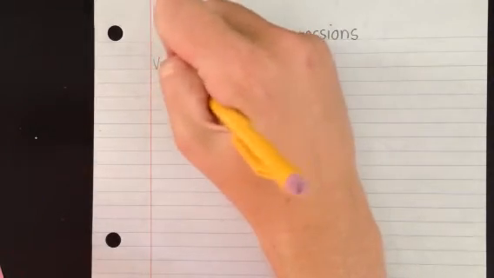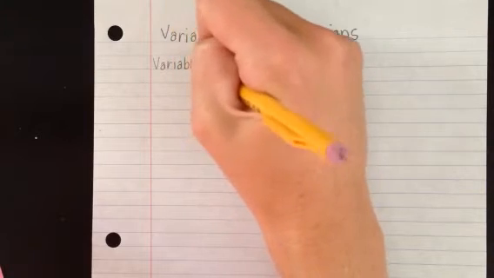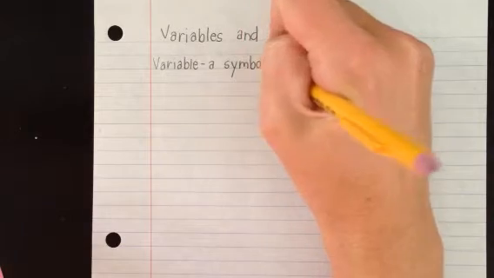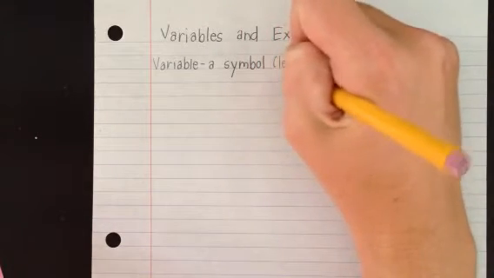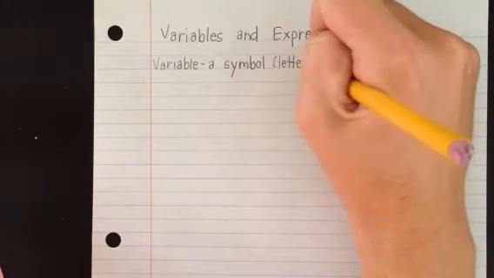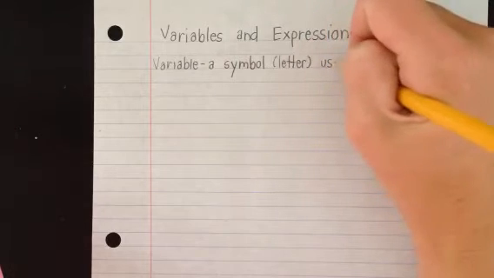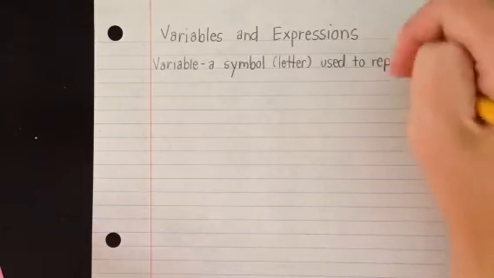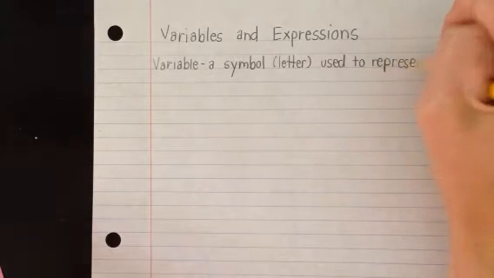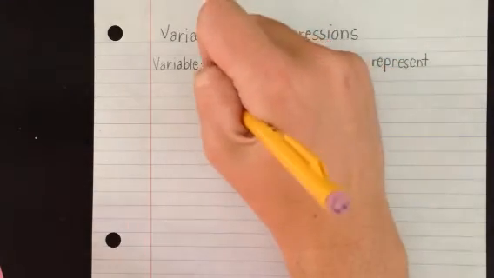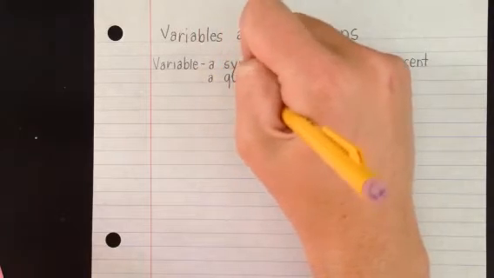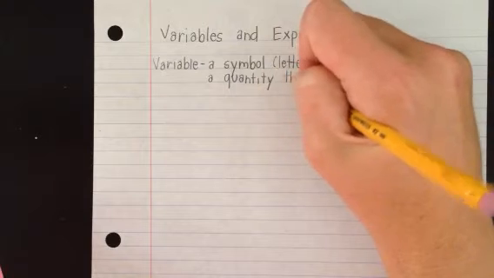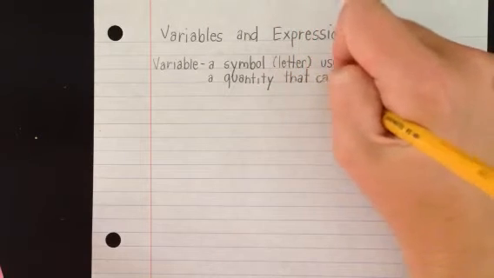A variable is a symbol, in most cases a letter, used to represent a quantity that can change.